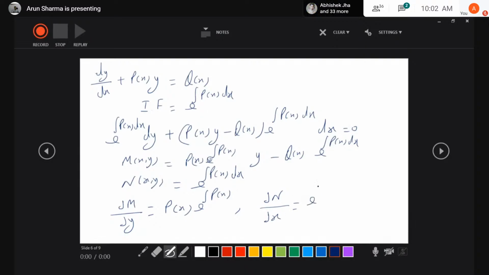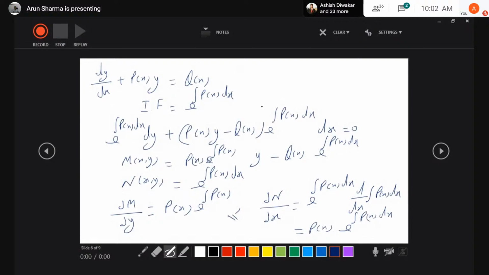Differentiation of this is px e to the power px dx, and then the derivative of the integral is just px by the fundamental theorem of calculus. So this is px e to the power px dx. They are equal. If you see, they are equal.